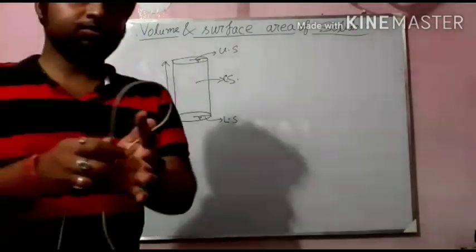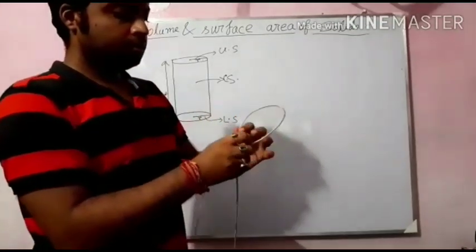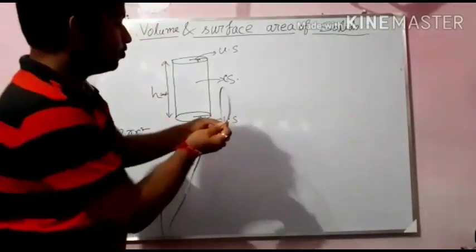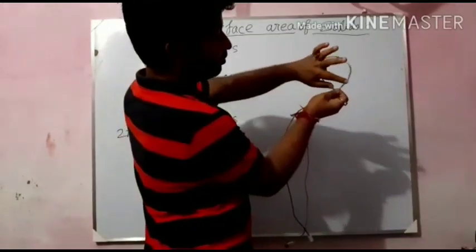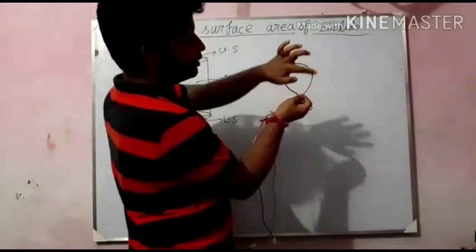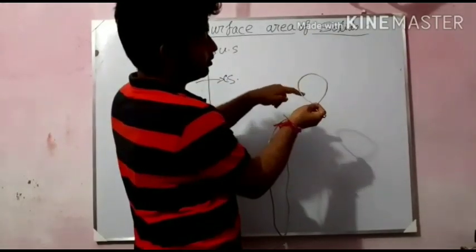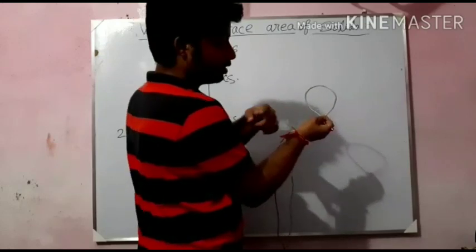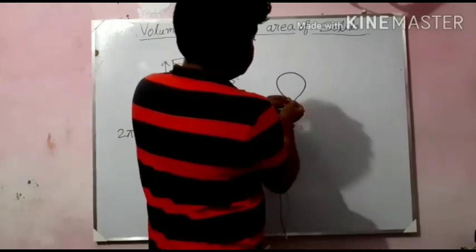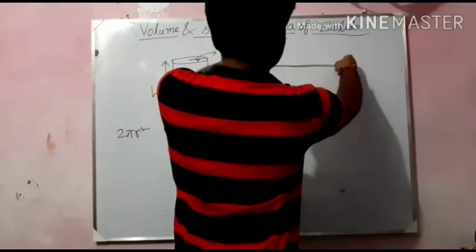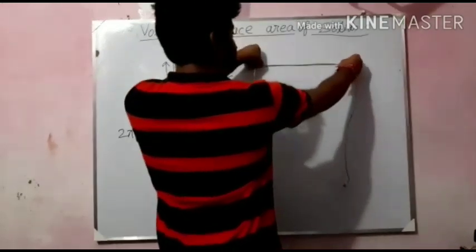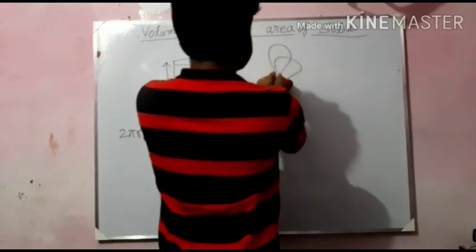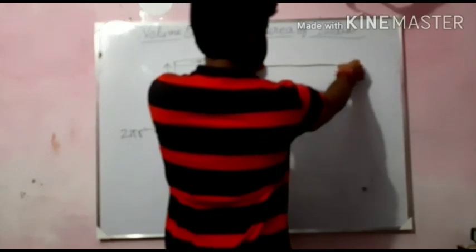Now, suppose this was the circular shape, and if I open it, this was the length for the circle. This was the curved line for covering the bottle one time with this wire. Now see the length. I was making one round with this much length of the wire.